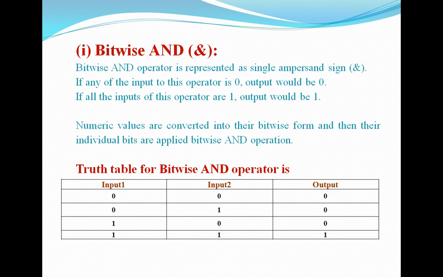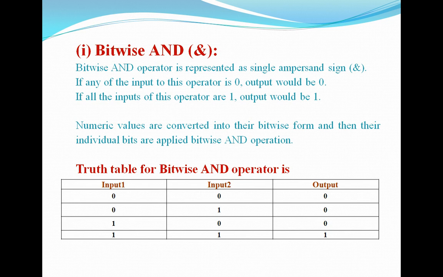In this AND operator, as I have shown with the help of the truth table, only if all the inputs are true will we get the output. If any input is 0, the output will be 0, or if all the inputs are 0, even then we will get 0. The output will be 1 only when both the inputs are 1.